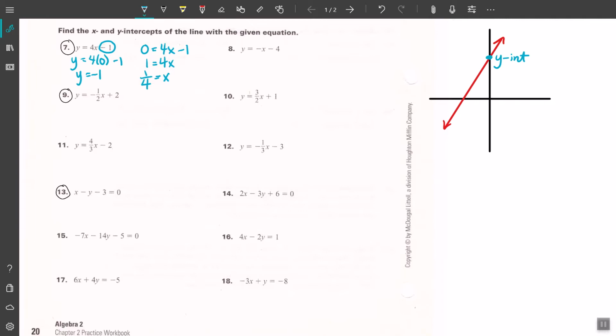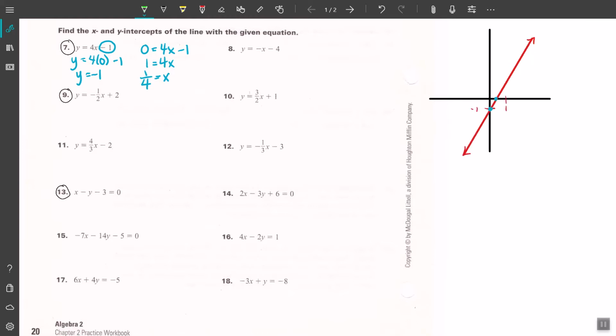So this graph over here, again, does not go along with number 7. So hopefully this isn't confusing. But over here on this side, the x-intercept is down here where there's no vertical movement. So when you have your x-intercept, your y value is 0. When you have your y-intercept, your x value is 0.